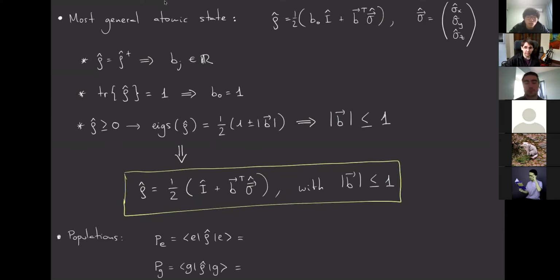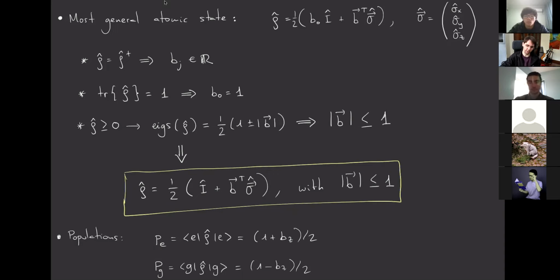And in terms of the B, so in terms of this Bloch vector, this is just given by 1 plus the third component of the vector over 2 and 1 minus the third component of the vector over 2. You can check it yourself. So these are objects that are very important in quantum optics, like talking about populations of how much of the electron is in one state or the other, okay?